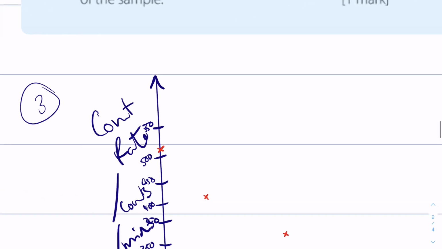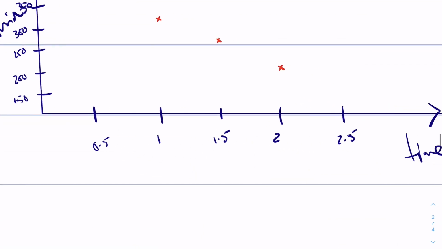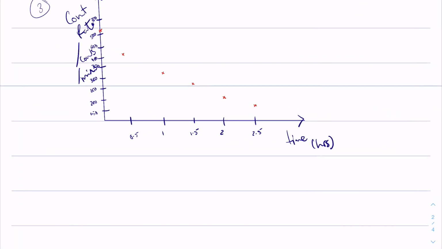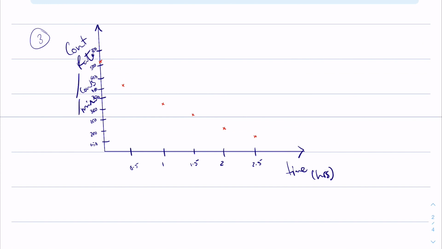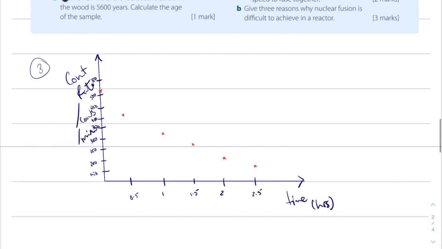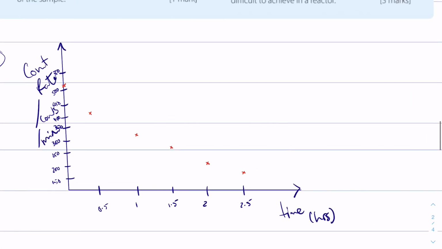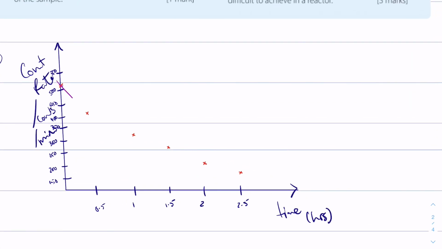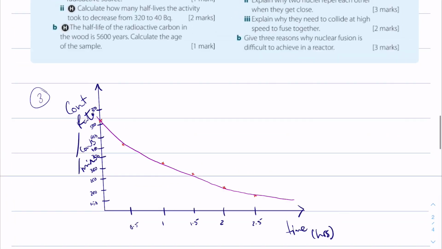And 188. Okay, so very, very approximate there. And let's draw in our line of best fit. It is decaying, clearly decaying. Let's draw it in. There we are. All right, that's good enough.